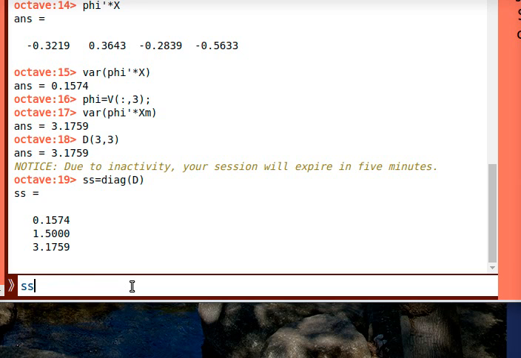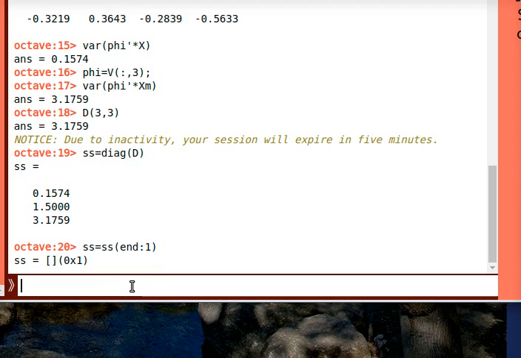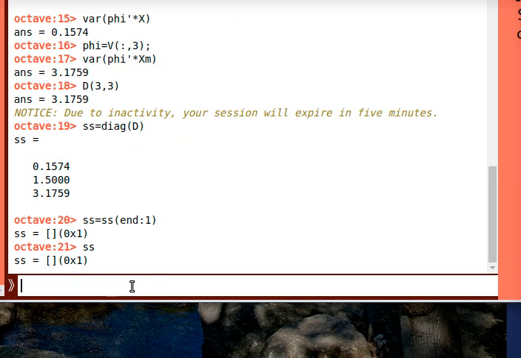Let's see. So that would be n to 1 equals ss. However you want to do it. Oops, what did I just do? Did I just wipe them out? Oh, that's weird. I thought I could do that. Well, I could just take ss. Oh, now I remember what I did. I need to do n by minus 1 by 1.